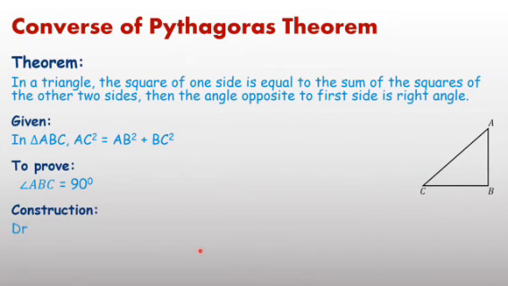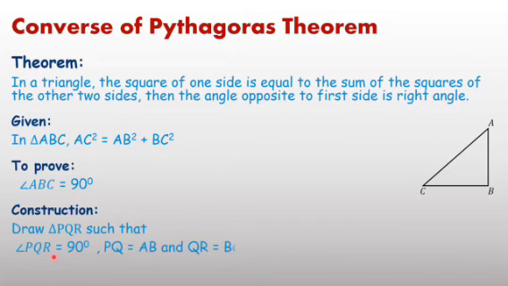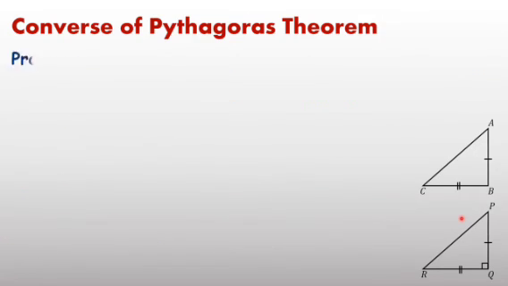Construction: draw a triangle PQR such that angle PQR equals 90 degrees, PQ equals AB and QR equals BC. Now proof.